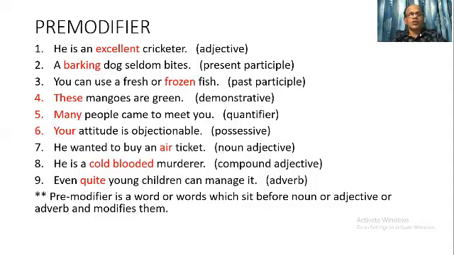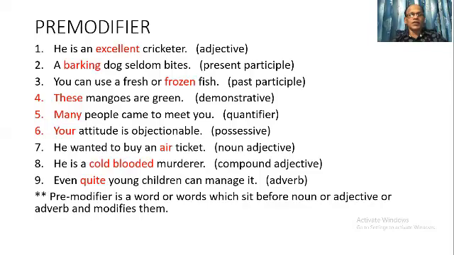Number seven, he wanted to buy an air ticket. Air is a noun, ticket is another noun. So in air ticket, both words are nouns, but the first noun is used here as a noun adjective. It's a noun, but we have used it like an adjective. Number eight, he is a cold-blooded murderer.